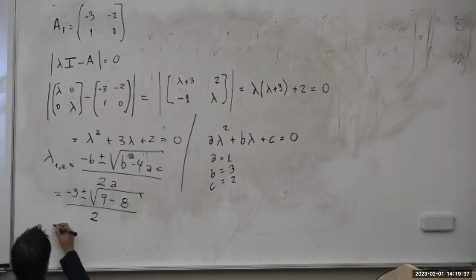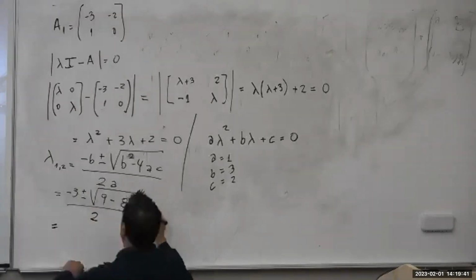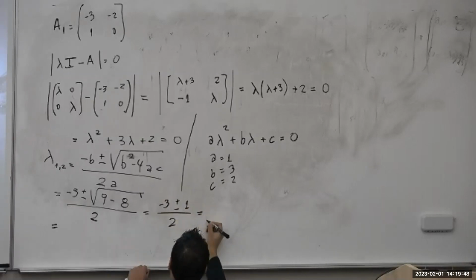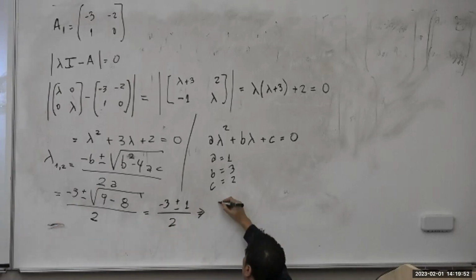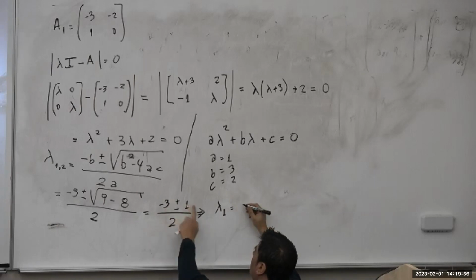So in this case, what we get is -3 plus or minus 1, divided by 2. So this would imply that one solution, lambda 1, is going to be -3 plus 1.